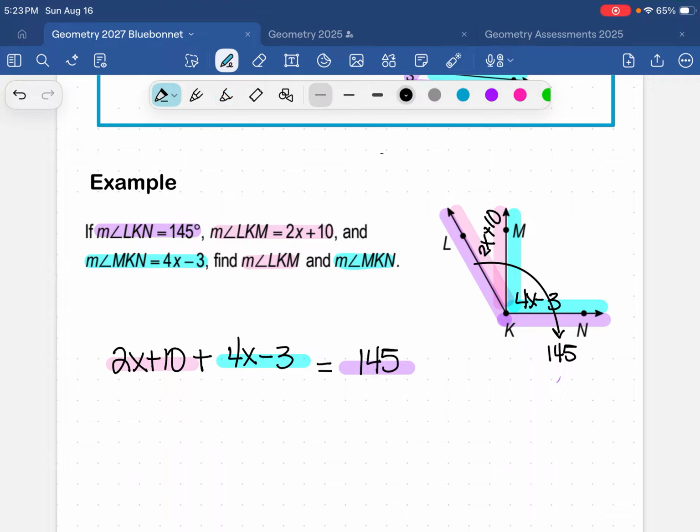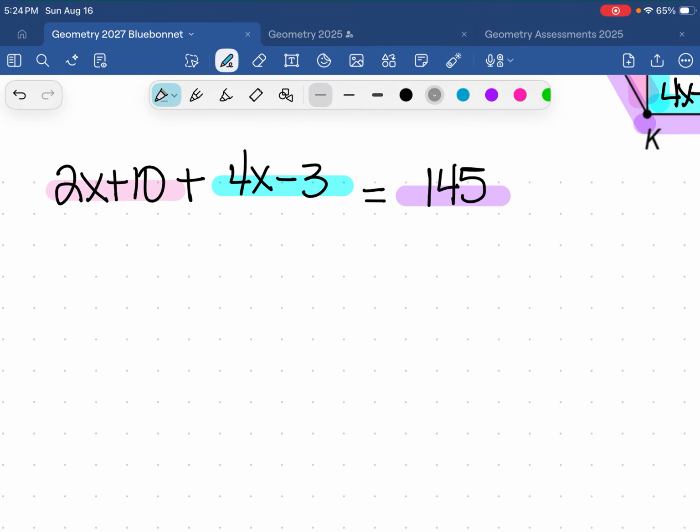But to be able to find those two, I am going to go ahead and have to solve this equation. So let's go ahead and do that. All right, drawing my line. And then once again, I can use my color to help me decide if I combine these two or if I subtract or if I eliminate and move to the other side.